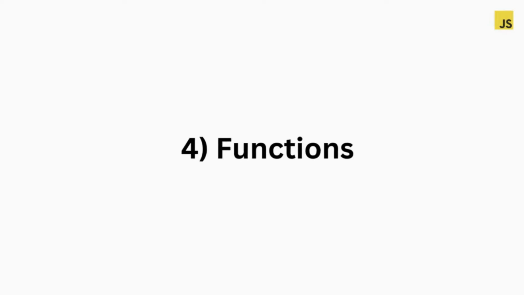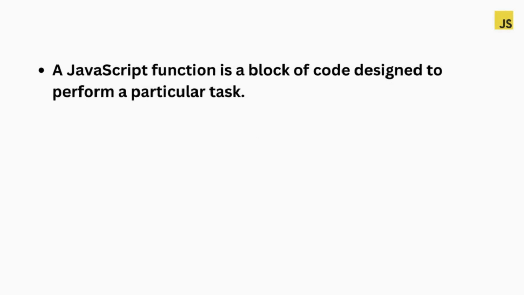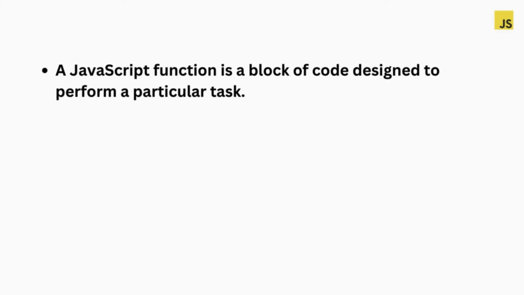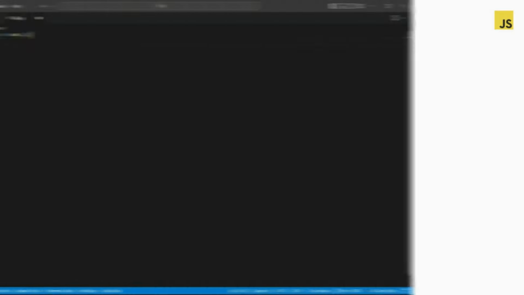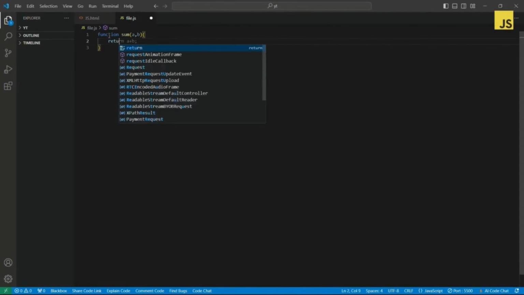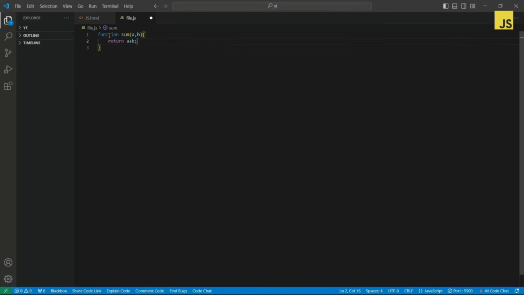Next, we can learn functions. A JavaScript function is a block of code designed to perform a particular task. To declare functions, we can use the function keyword. Here, I'm creating a sum function. So, function sum(a, b). a and b are the parameters, and in the curly braces, we need to write the code to be executed. Return a plus b.